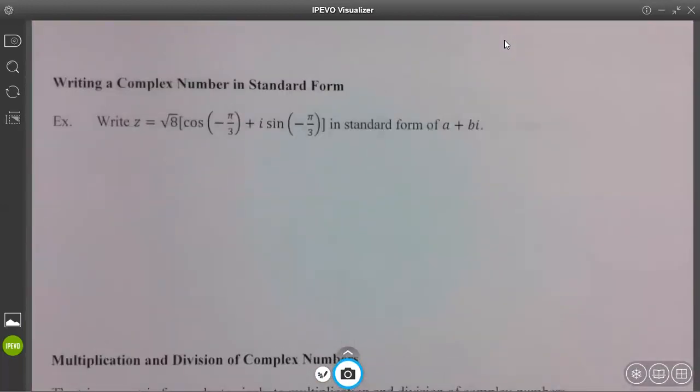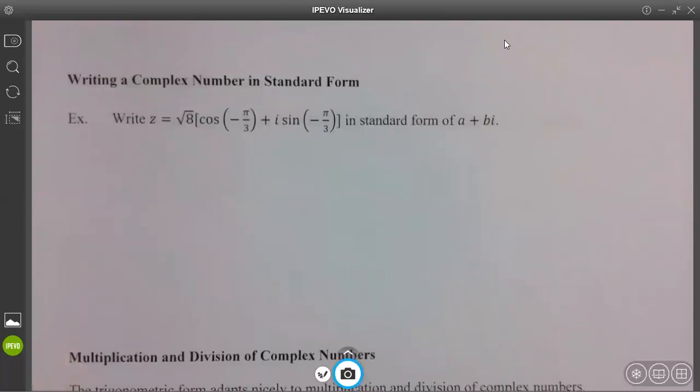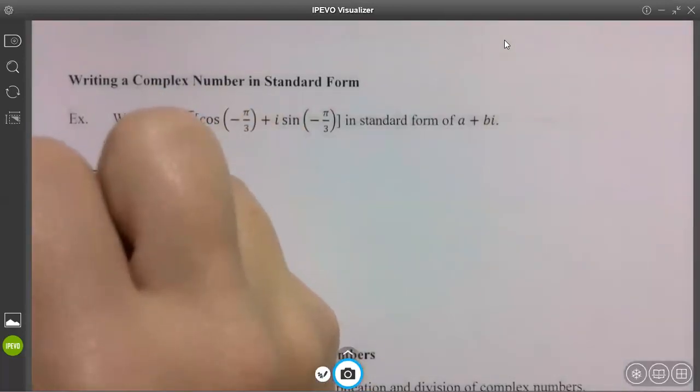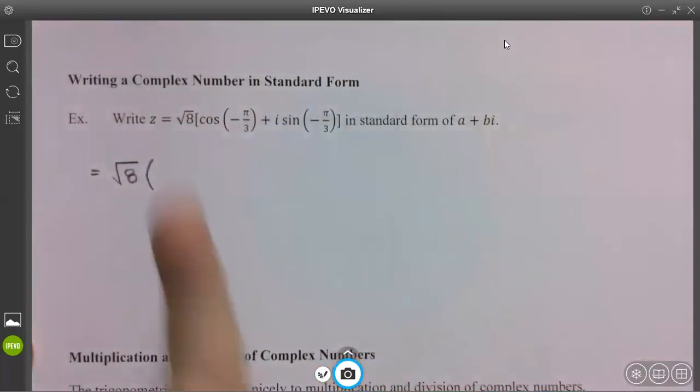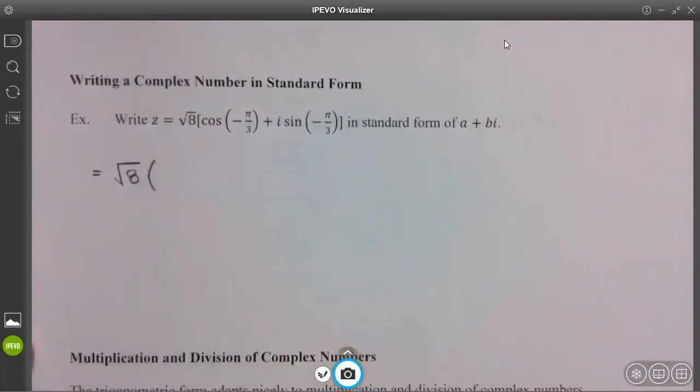Next example is writing a complex number in standard form. We're going to write c equals the square root of 8 times cosine negative pi over 3 plus i sine negative pi over 3 in standard form of a plus bi. This one is really quick and easy. You're going to do the square root of 8. Cosine of negative pi over 3, you're going to use your unit circle.